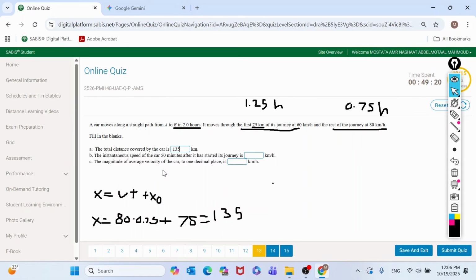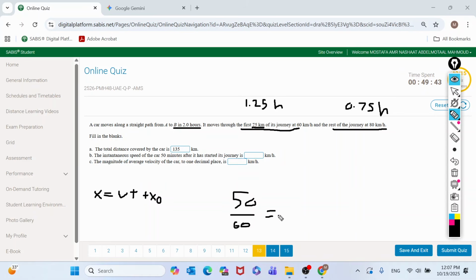The instantaneous speed of the car 50 minutes after it has started its journey. For 50 minutes, you need to find how many hours that is, so do 50 over 60, which is 0.8333 and it goes on.